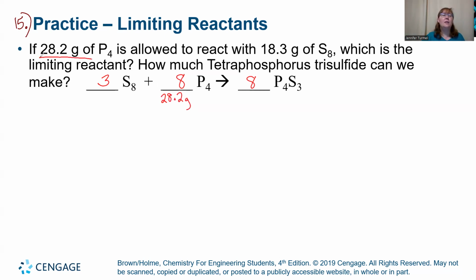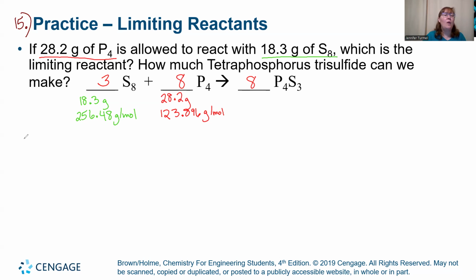The molar mass of P4 is 123.896, from the periodic table for phosphorus. Next we have 18.3 grams of S8, and the molar mass for S8, which we found in the previous slide, is 256.48 grams per mole.